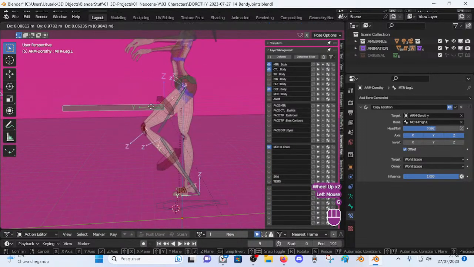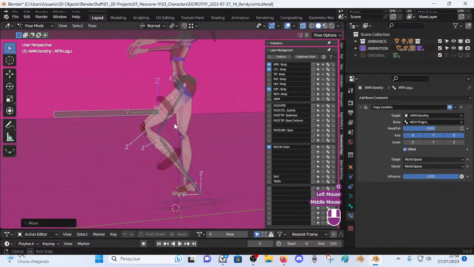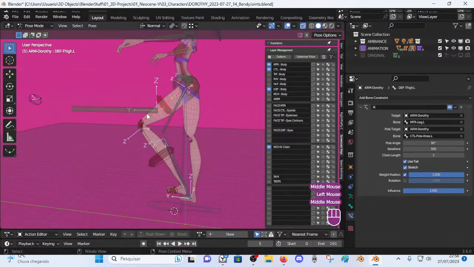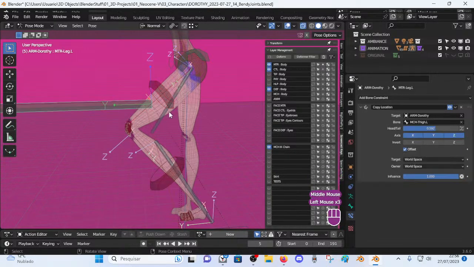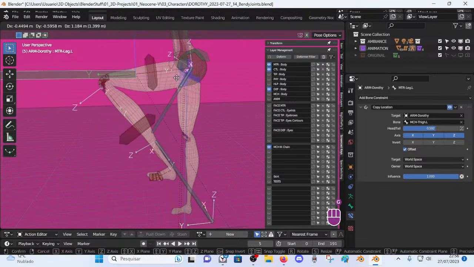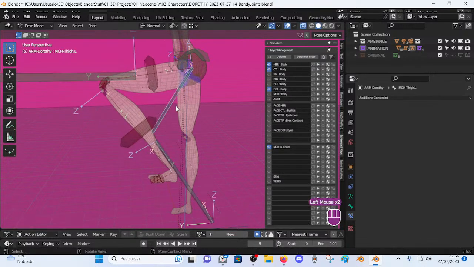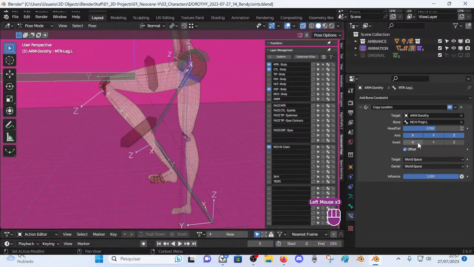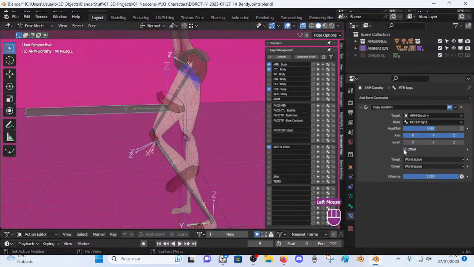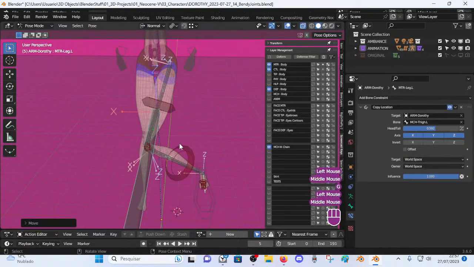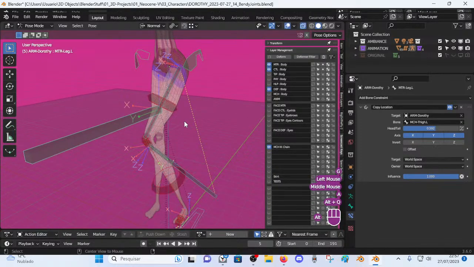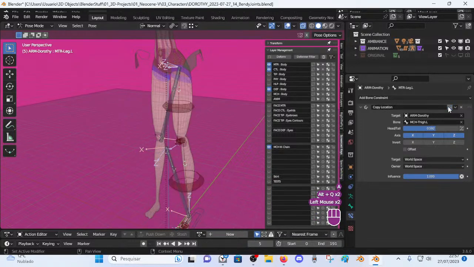If it's copying the location of the MCH thigh, why is it in the place of the DEF thigh? Clearly it's following it, but this is the target bone. This is really weird. Maybe it's because of the offset.